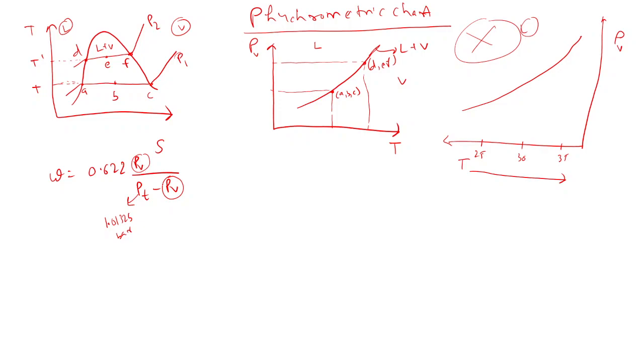If you know PV, then you can easily find the omega. Is it so? Yes, sir. So from here you can say omega is a function of PV, correct? So either we can write PV, or simply we can write omega here.